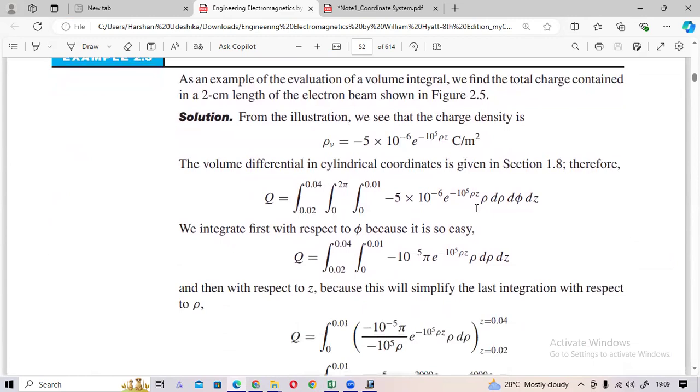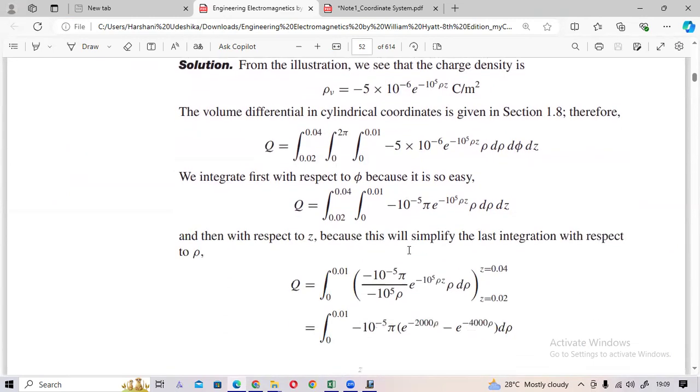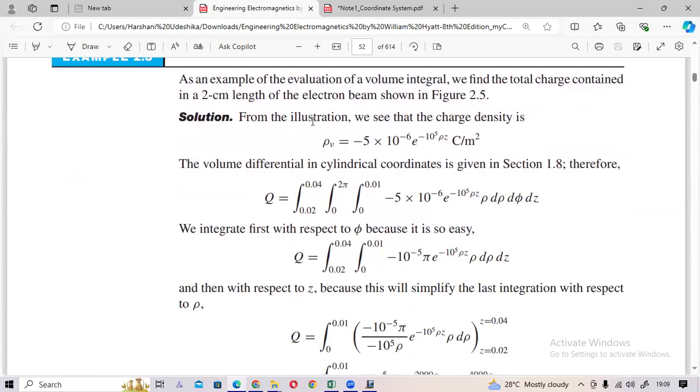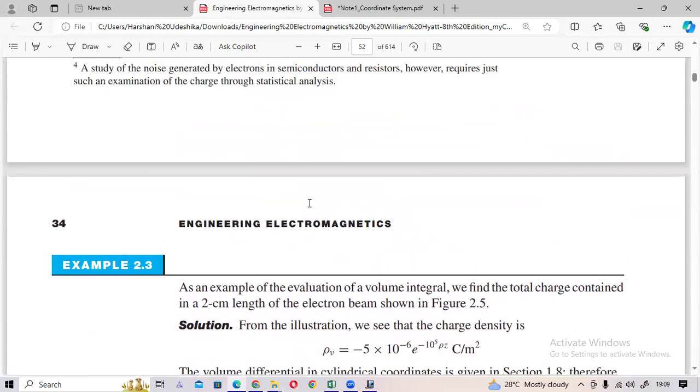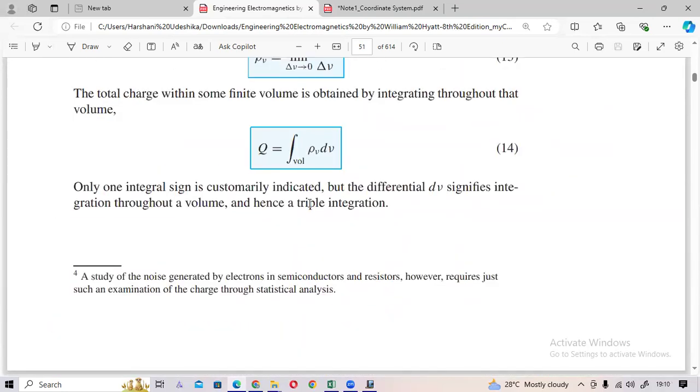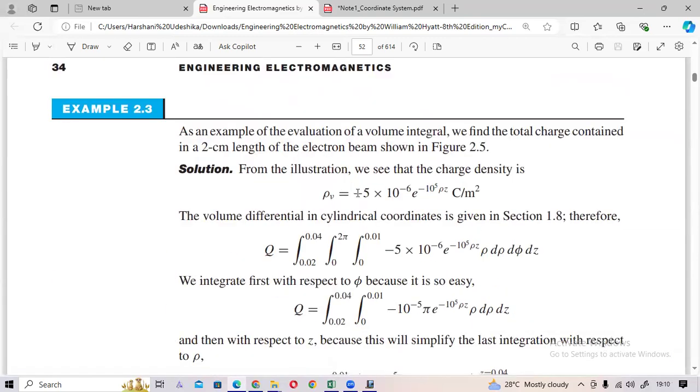I think these are not much difficult, no? Maybe you can do this by yourself. So here you need to find the volume charge. Okay, the charge density is given.